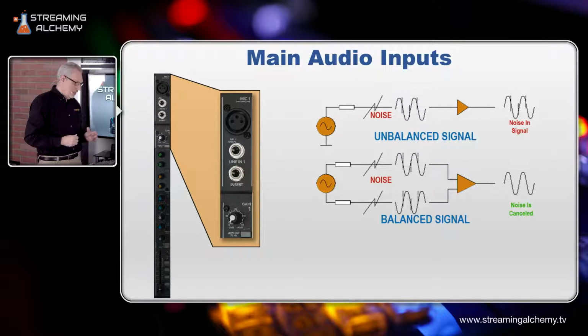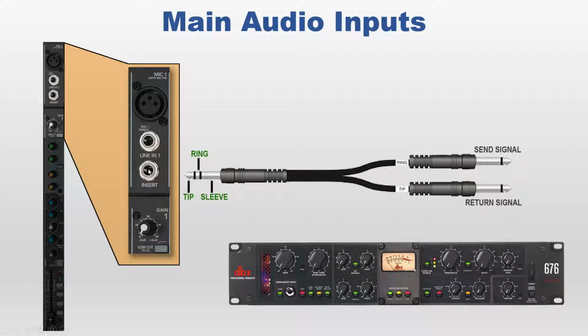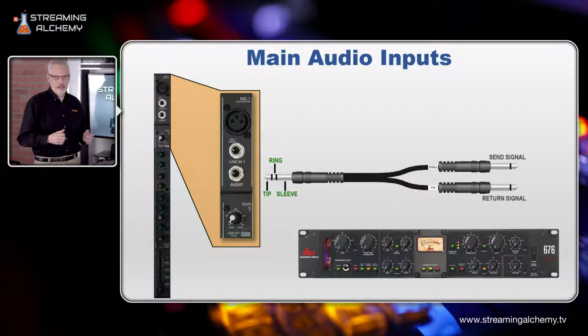The other piece, which I'll just jump in, it's not really critical for live production in most cases, but it's something called an insert jack here. And what an insert jack allows you to do is take the signal that you have coming in here and route it out to external devices that you may want to use to process the audio that's coming in. So this can be for a variety of reasons. You could do fancy equalization, different types of compression, other things that you may want to do.